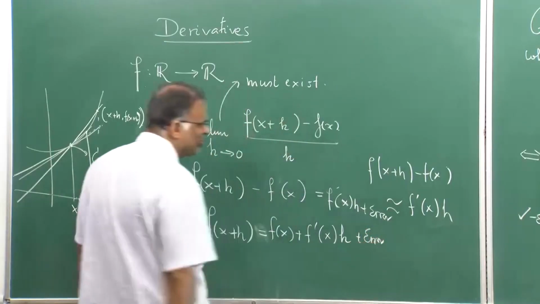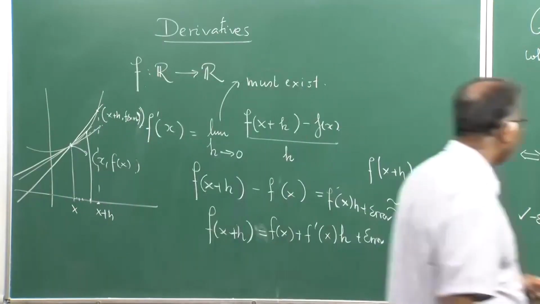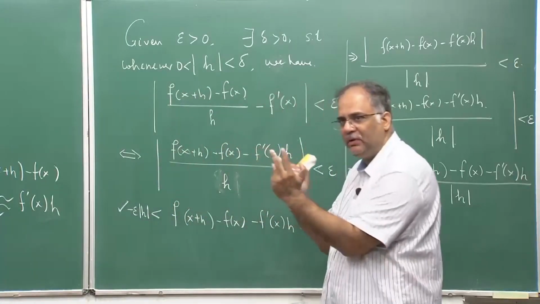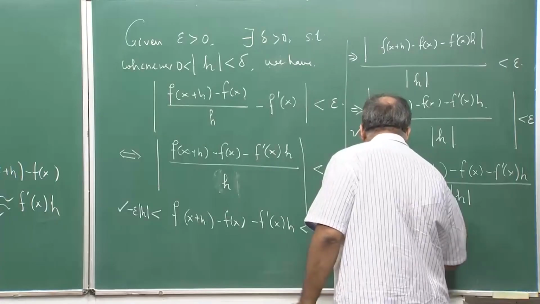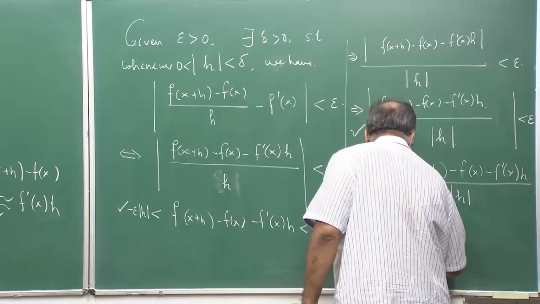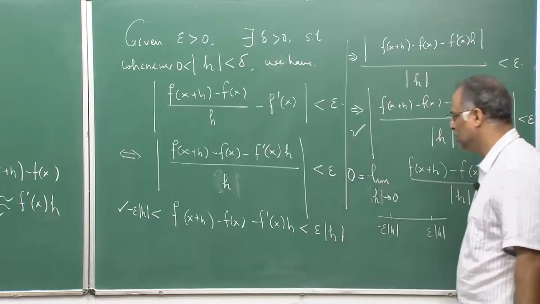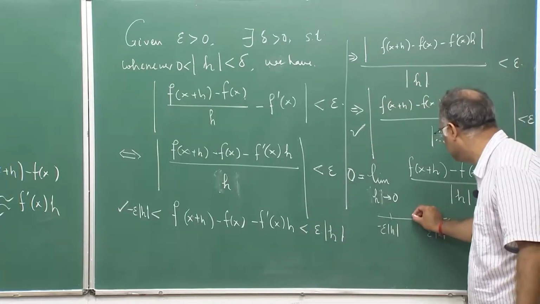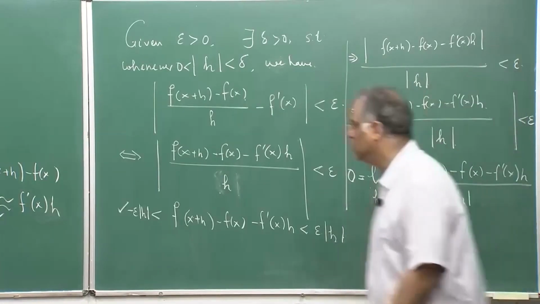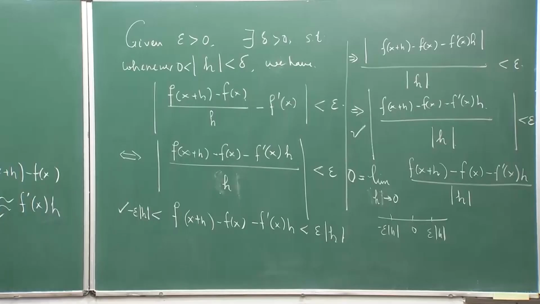Now, what is happening when h is becoming smaller and smaller, these two limits are becoming smaller and smaller, this interval around 0 is shrinking down. So, that is exactly the issue here.